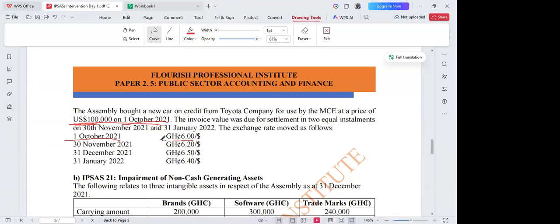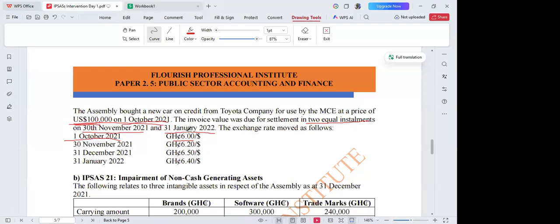So let's check for this one. It says the invoice value was due for settlement in 2 equal installments. The first on 30th November 2021, and the second on 31st January 2022. We are dealing with 2021, so the second payment doesn't fall within our current reporting period.